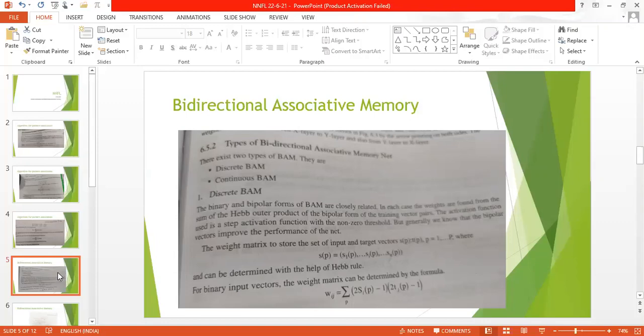So only the name has come as bidirectional associative neural network. It has only 2 layers. The BAM, or bidirectional associative memory, is a heteroassociative recurrent neural network, sending signal back and forth between the 2 layers.